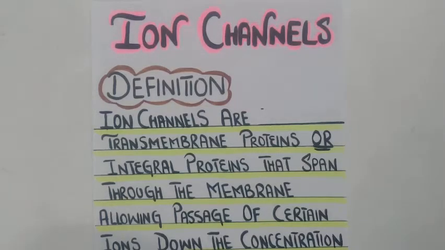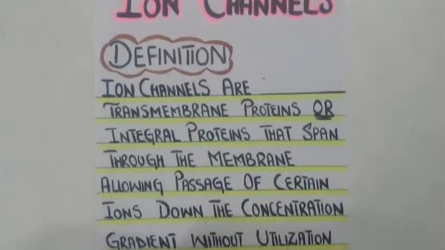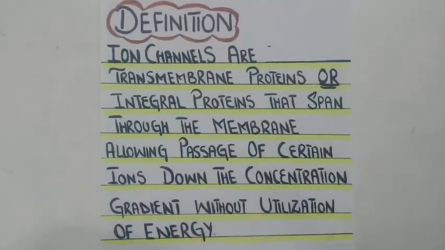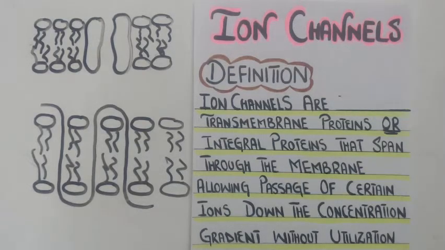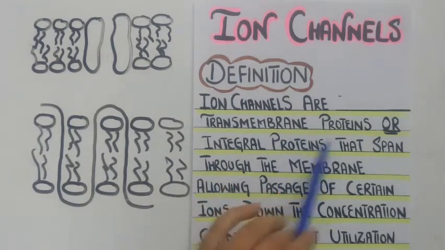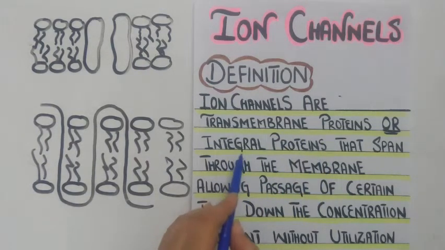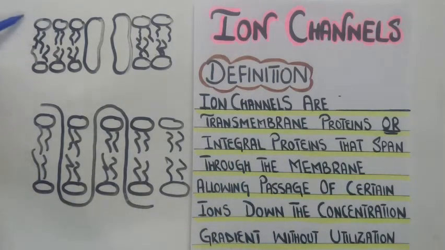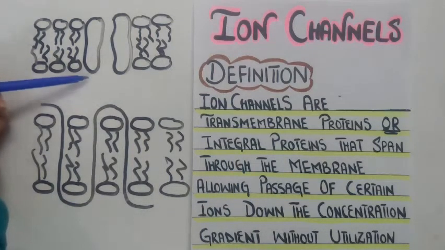Ion channels are the transmembrane proteins or the integral proteins that span through the cell membrane, allowing the passage of certain ions down the concentration gradient without utilization of energy. As mentioned in the definition, ion channels are the transmembrane proteins or integral proteins. This diagram shows the lipid bilayer, and these are those integral proteins.